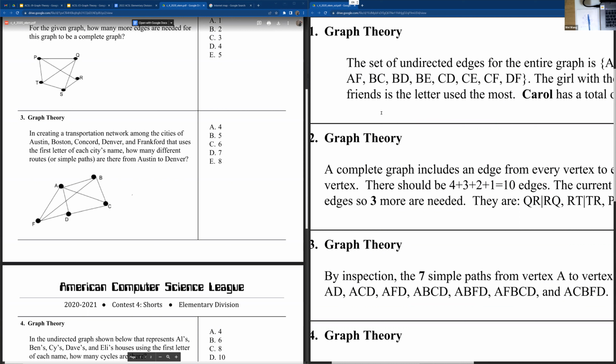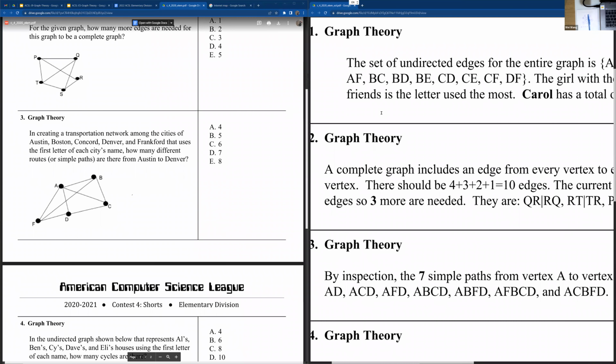Okay, you found ABFD, and then I think we missed either AFBCD or ACBFD. I think ACBFD is what I missed. Yeah, I think that's what we missed. Okay, next question.